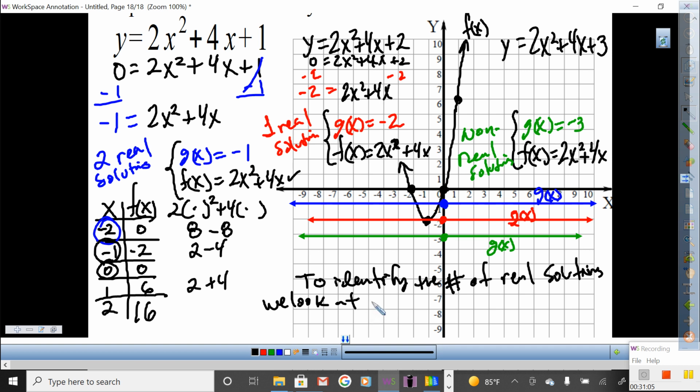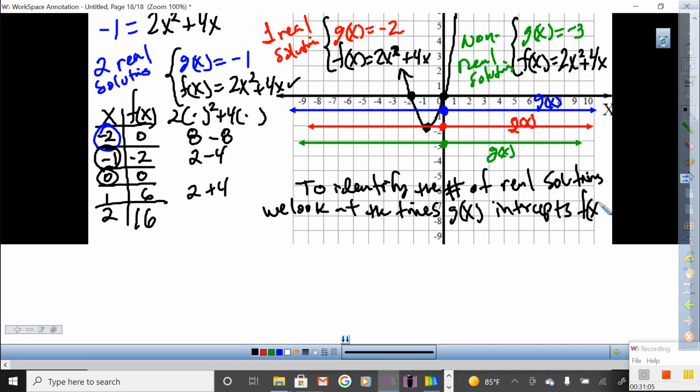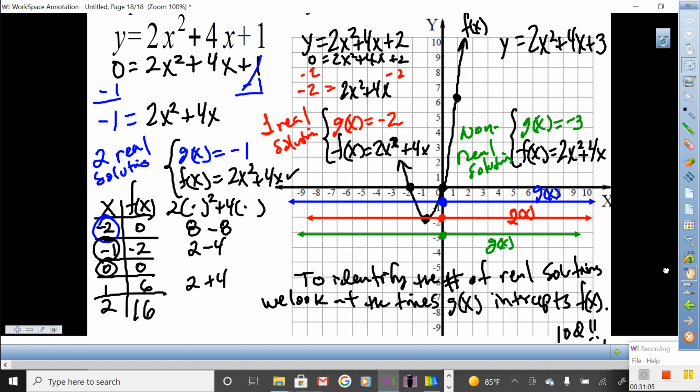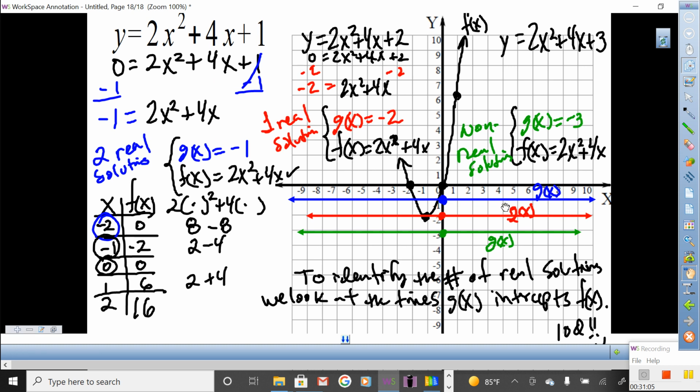We look at the times g of x intercepts what, guys? Intercepts f of x. Yes, that is correct. Let's look at the blue one in case you missed it. How many times does it intersect f of x? Twice. The red one only once, and the green one none. That's why there are no real solutions.